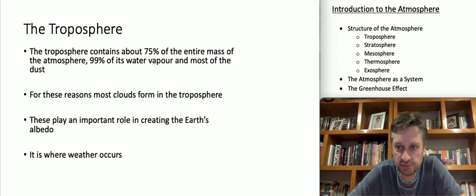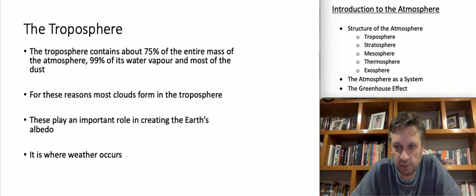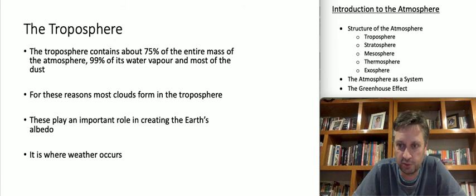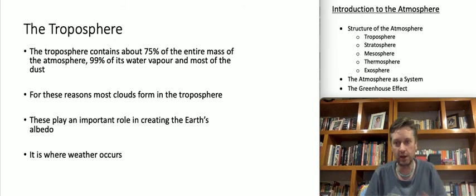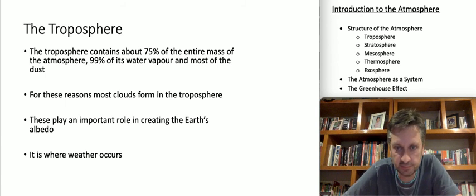Okay, the troposphere contains most of the mass of gases in the atmosphere, and for that reason, it's where clouds form. Now, in the opening part of this little talk, we mentioned the albedo effect, and you should already know what that is from other parts of the course. A white layer is very reflective in nature, and therefore white clouds are also reflective in nature.